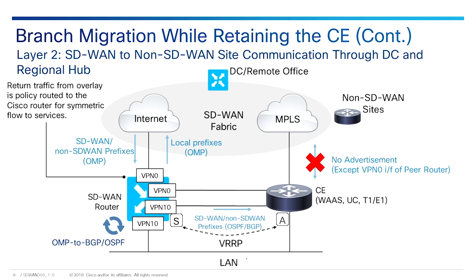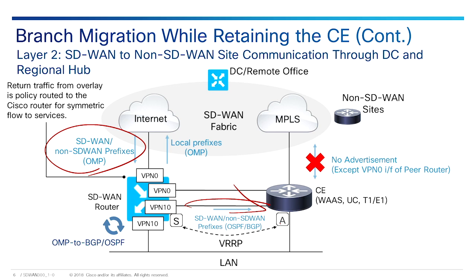So all offsite prefixes, both SD-WAN and non-SD-WAN, are received over the SD-WAN tunnel via OMP. The router is going to redistribute this information to the local routing protocol and announce the prefixes to the customer edge. So we're going to send those prefixes over VPN 0 back to this guy. Local prefixes are announced exclusively through SD-WAN.